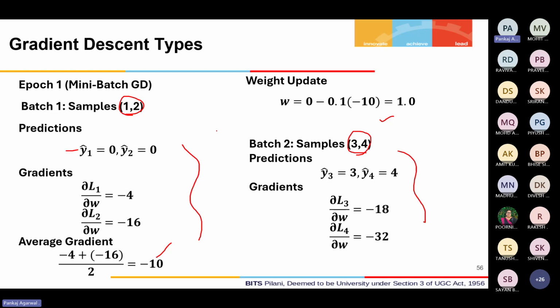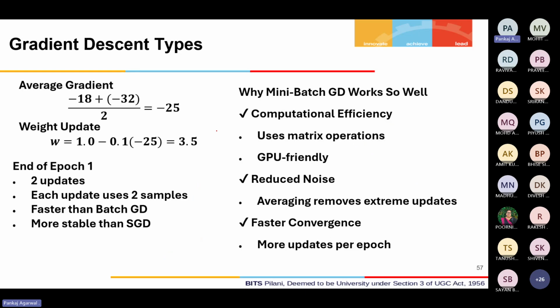So mini batch, I haven't seen too much in the books where mini batch is preferred. Either the stochastic or I have seen batch gradient works. So mostly batch gradient works quite nicely. That is what I have understood, right? So why does mini batch work so well? Because of computational efficiency, it uses matrix operations, it is GPU friendly.